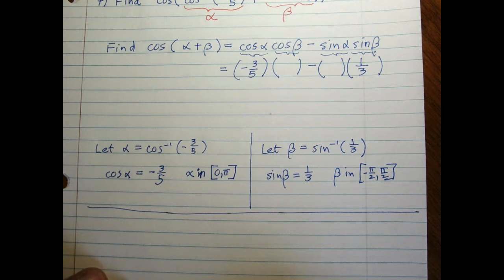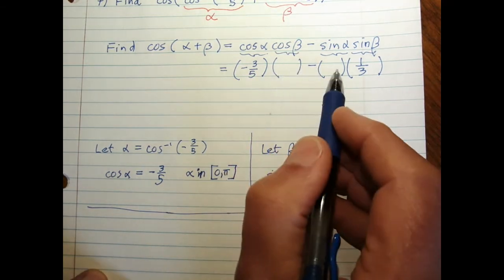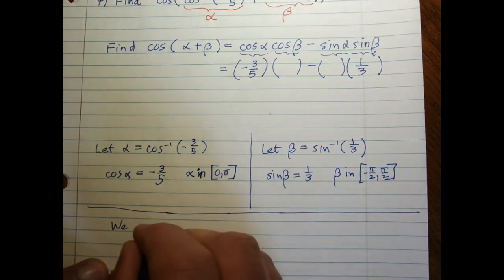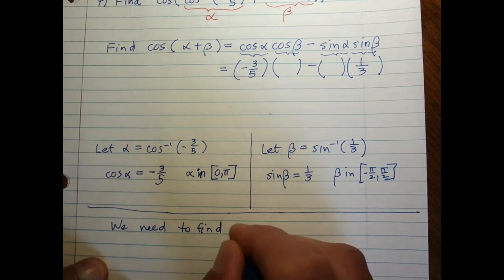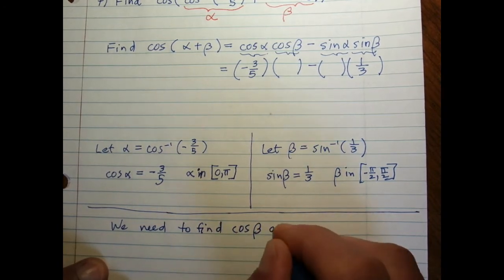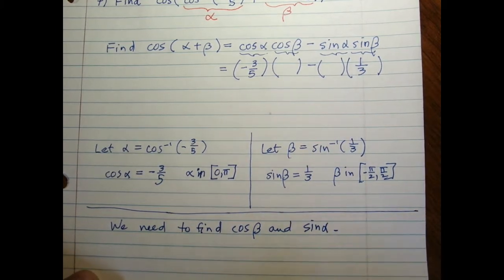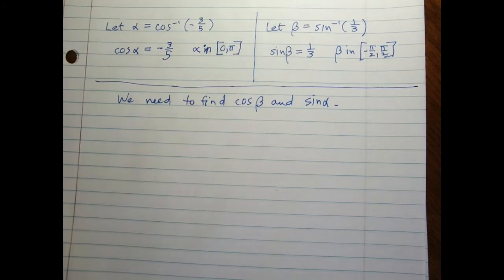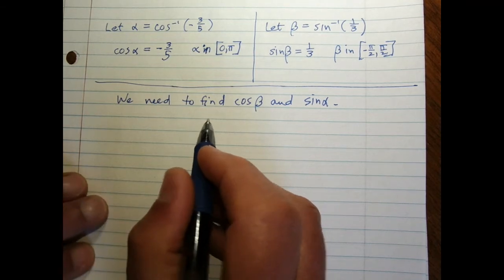And now we've got to find cosine beta and sine alpha to be able to plug them in up above. And we can, again, use our most famous trig identity to help us out here.